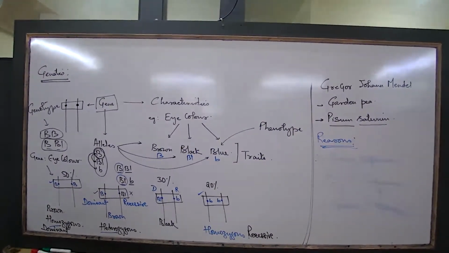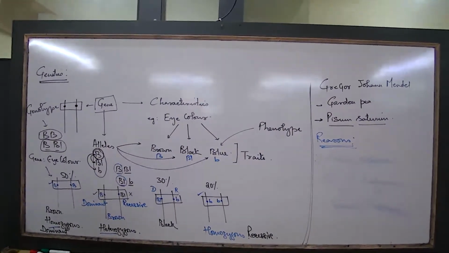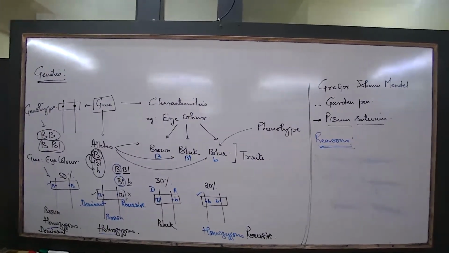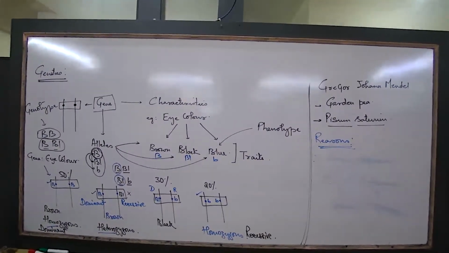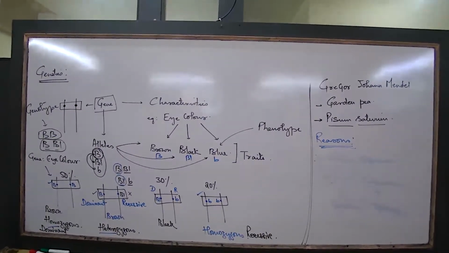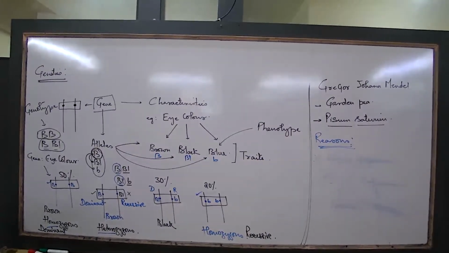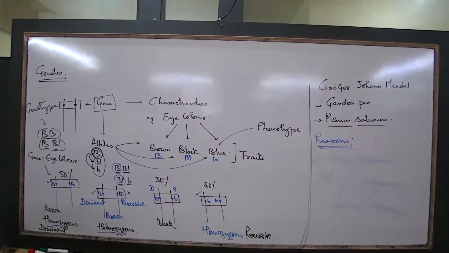Or why did Mendel select garden pea plants for his experiments? Point number 1 we'll write. The garden pea plants have a short lifespan.